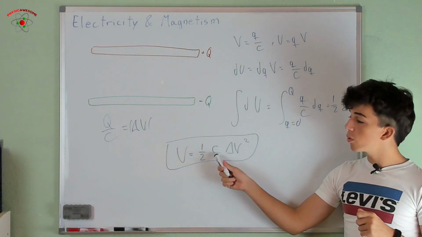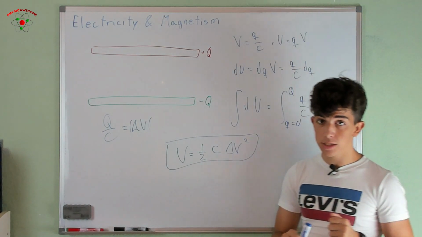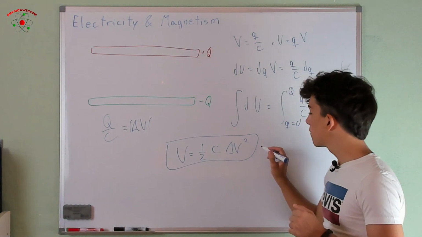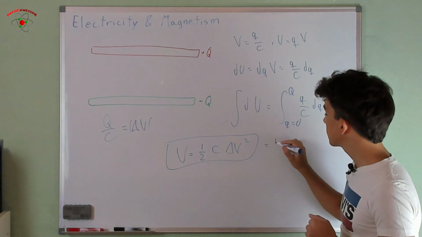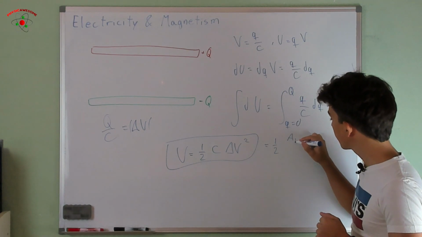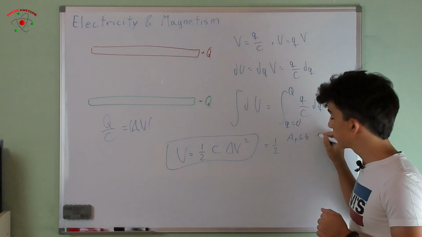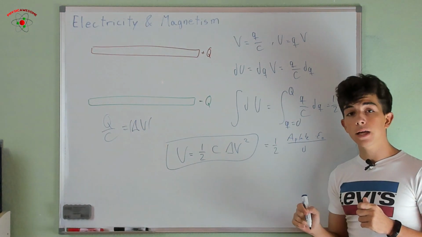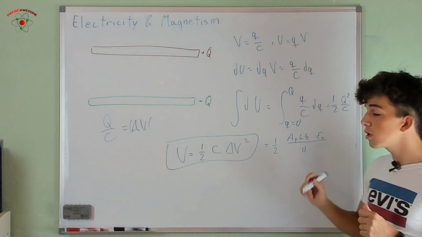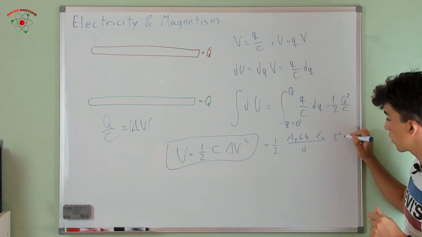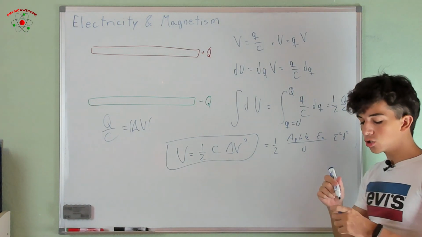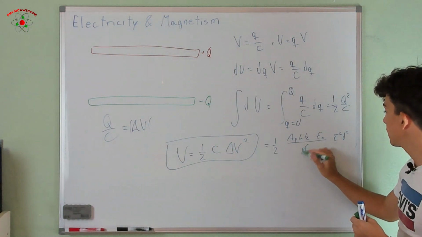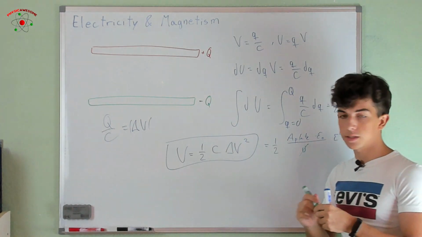Now, we actually know both the capacitance and the electric potential in this system, so we'll plug them in to see what happens. From our last video, we know the capacitance equals the area of the plate times epsilon naught divided by the distance. And we also know that the difference of electric potential equals the electric field times d. So we see some cancellations that are going to happen here.